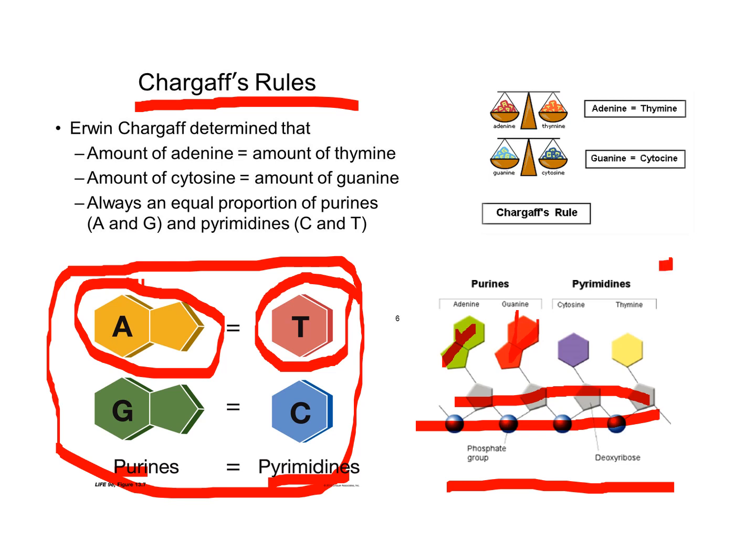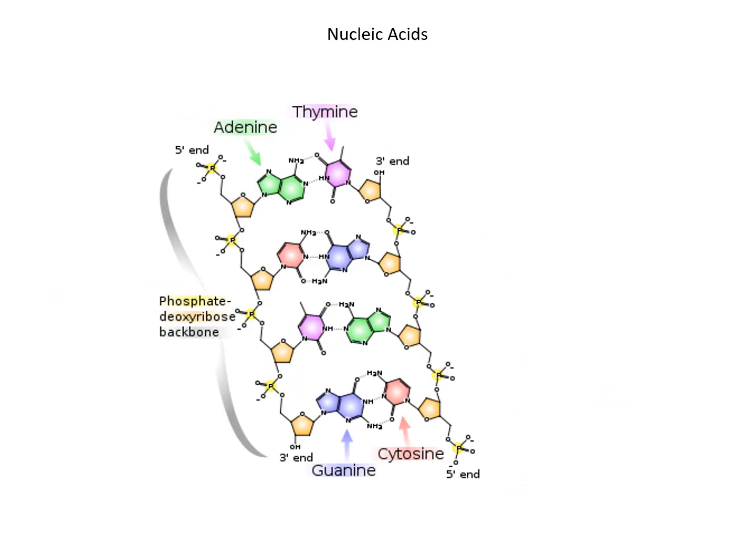And then on the other side, as we'll see when it's illustrated, you'll see that what binds to adenine, thymine, will be on the other side. Matter of fact, I think the next slide may have that. Okay, so let's go ahead and go to the next slide.